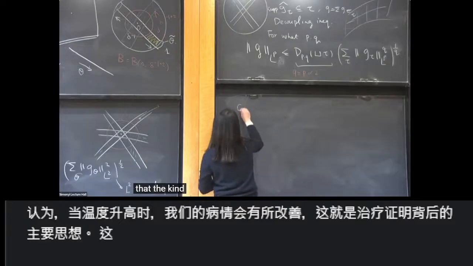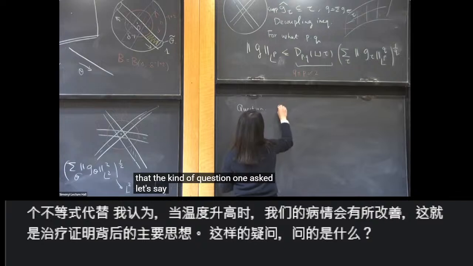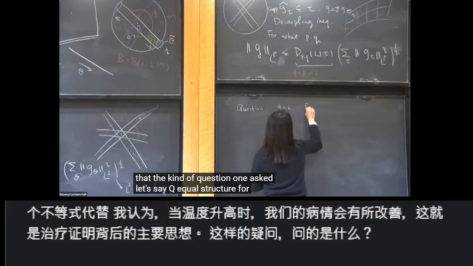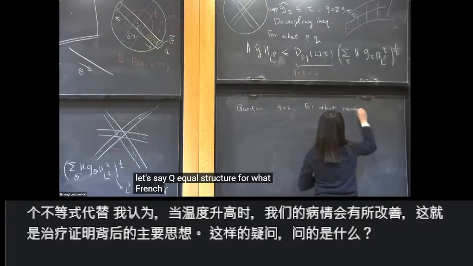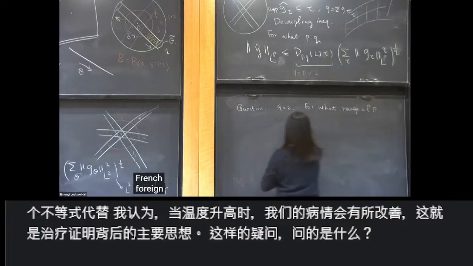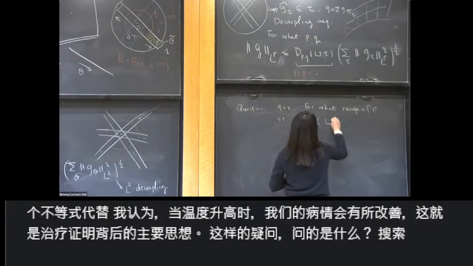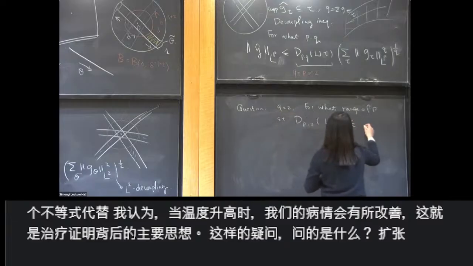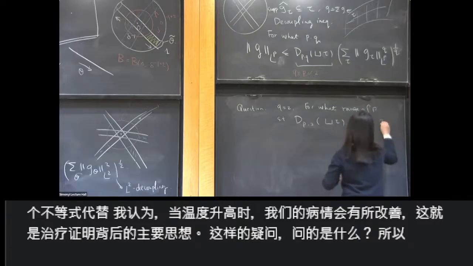The kind of question one asks is, let's say Q equals 2, for what range of P is the decoupling constant bounded, up to some absolute power, by a constant?